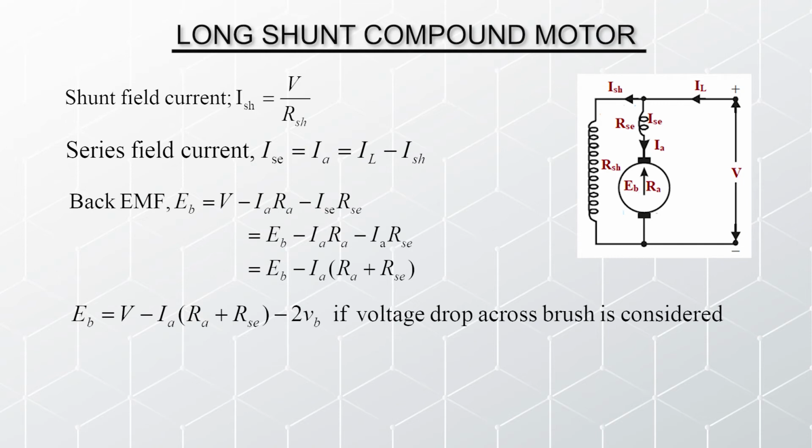If you want to calculate the power developed by this motor, the power developed can be written as EB into IA, where EB is the back EMF and IA is the armature current. And power drawn from the input is the supply voltage V multiplied by the load current IL.